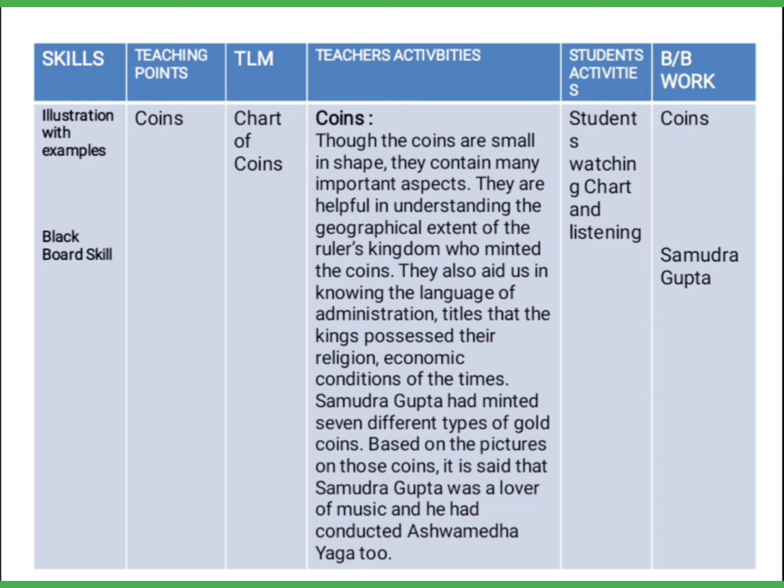Here, students are watching the chart and listening to your explanation points. Then you can write sub points and important points on the blackboard. Then here blackboard skill, you have to write the important things on the blackboard.